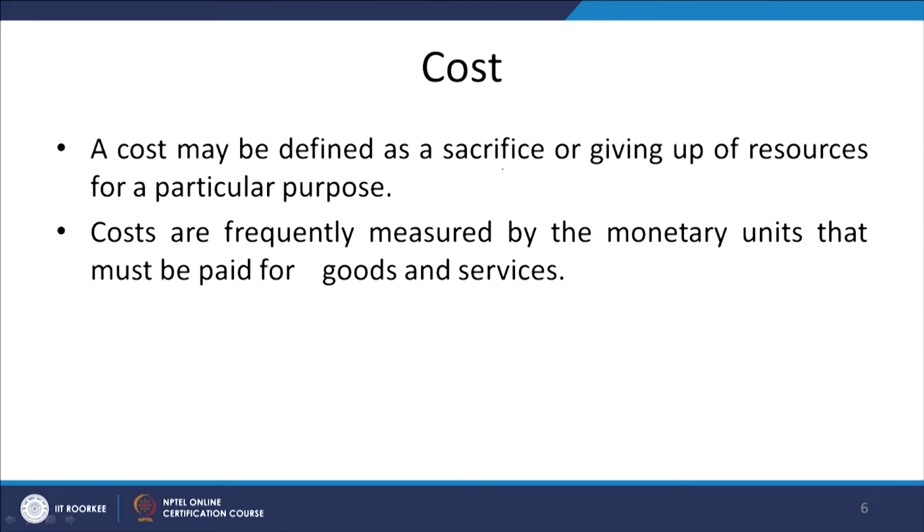Costs are frequently measured by the monetary units that must be paid for goods and services. When you want to manufacture goods or create different types of services, you have to incur the cost frequently. It is a regular, continuous activity: sacrifice of resources remains regular, and creation of the products remains a regular activity, and we keep on doing it as a normal process.